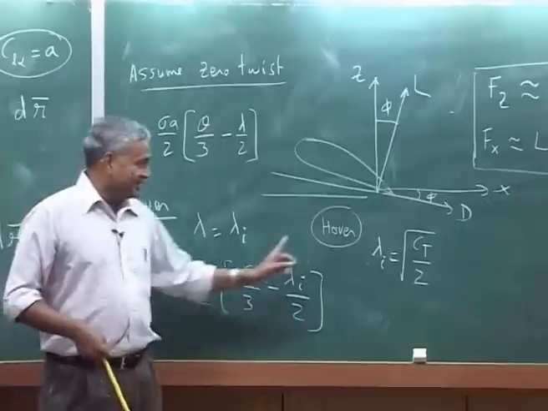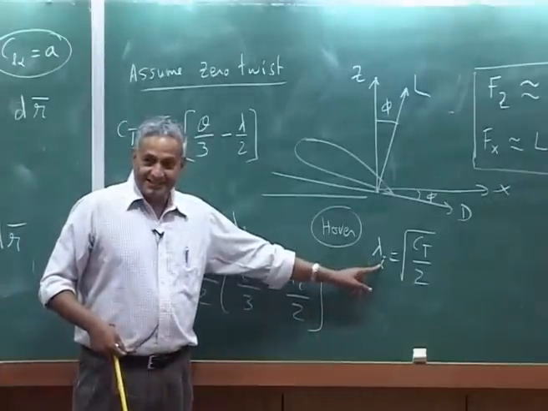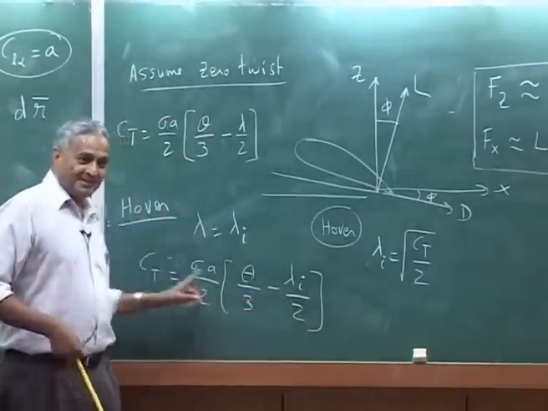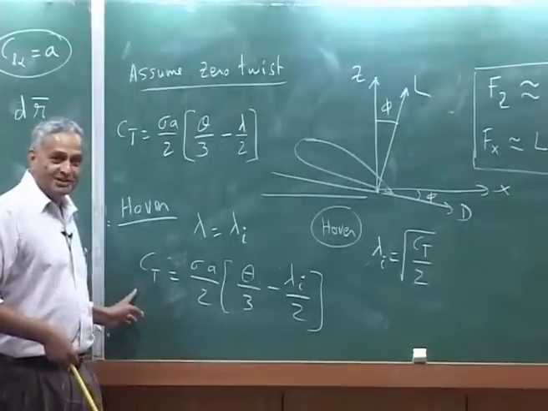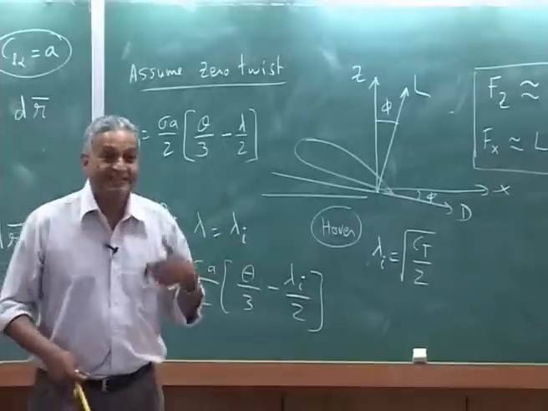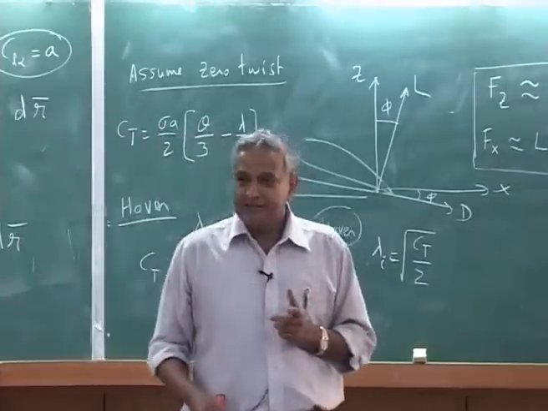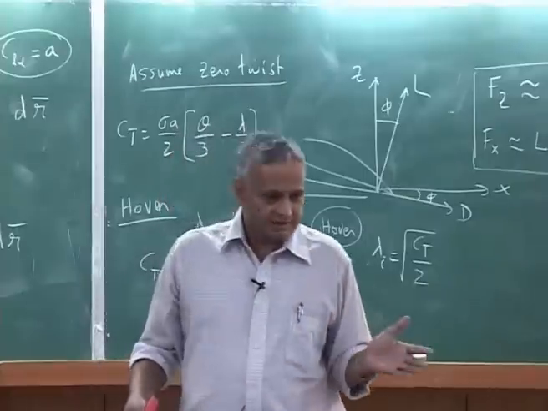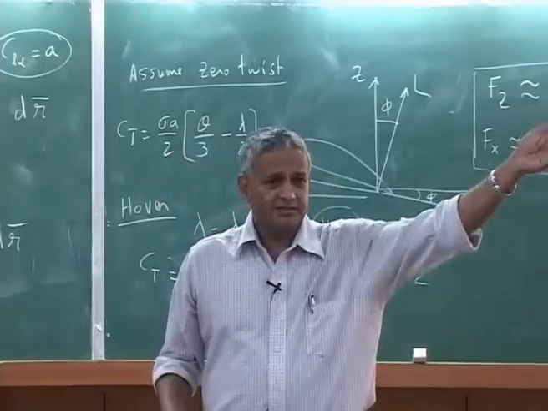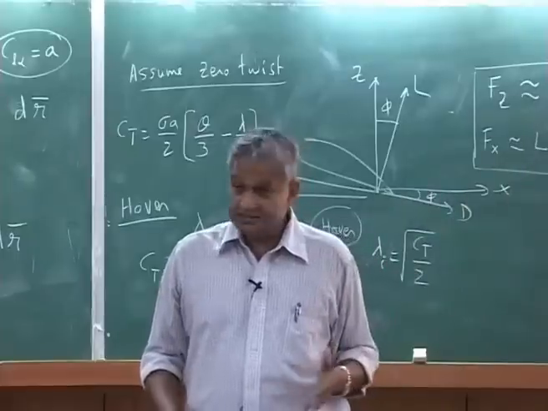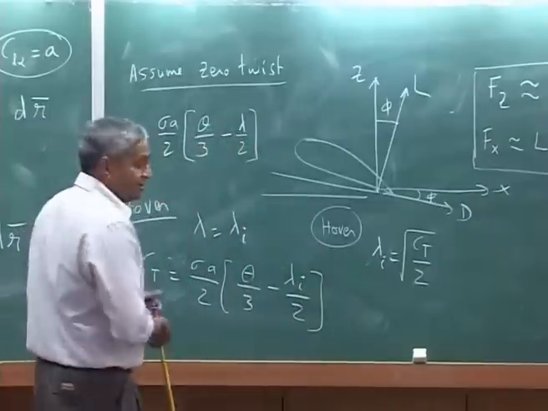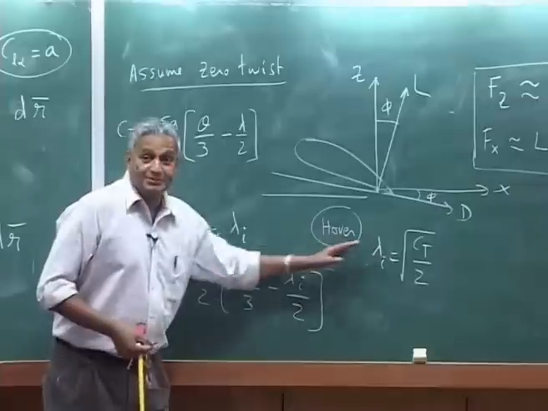When I get the Ct, I go back and substitute here, then I get the lambda I, put it back here, then I get the new value of Ct, go back, do the iteration. That is in a wind tunnel test. If you want to correlate, I have given this much pitch angle, what is my thrust, because a lot of these tests are done. So you see, you are using only these two equations.